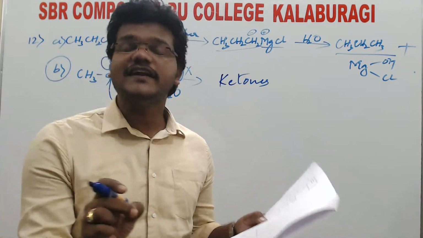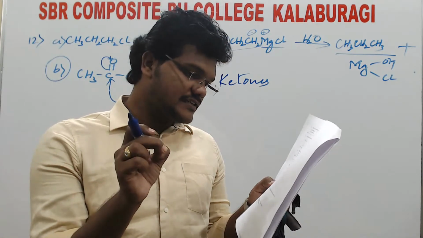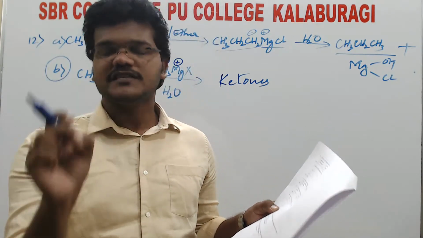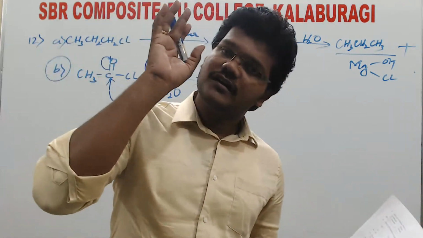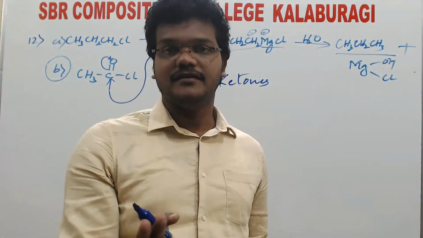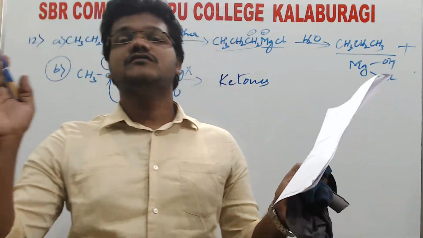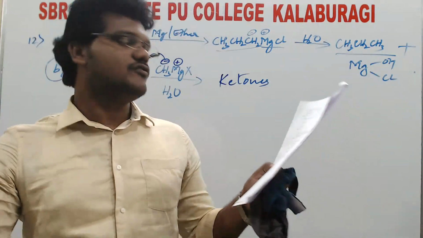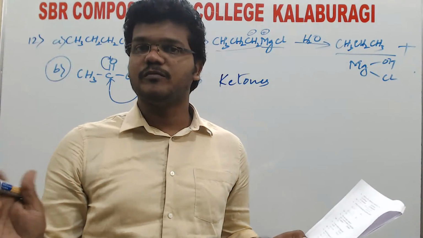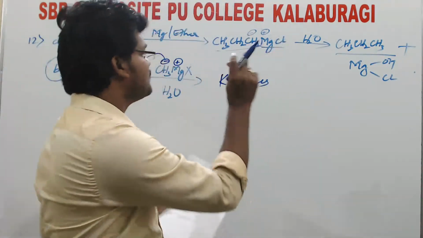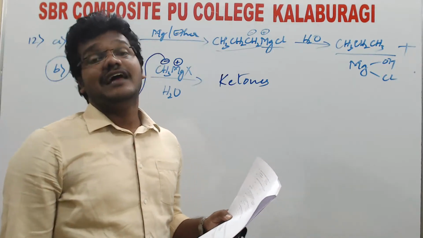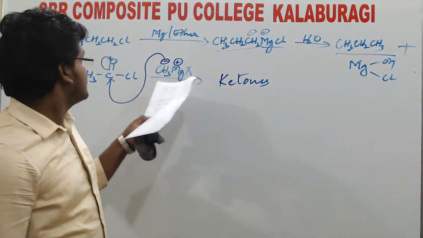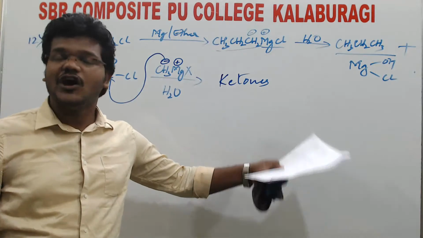This alcohol on reduction with red phosphorus and HI, a reducing agent, also gives you propane. I mean alkane. So option D also gives you propane. Option C also gives propane. Option A is also giving propane. But option B is giving you ketone. So that is why this will not give propane.